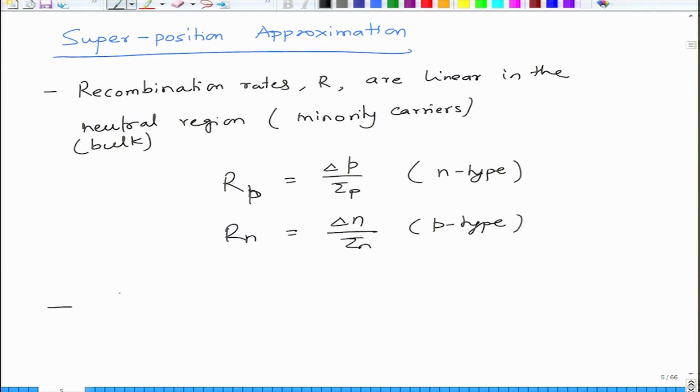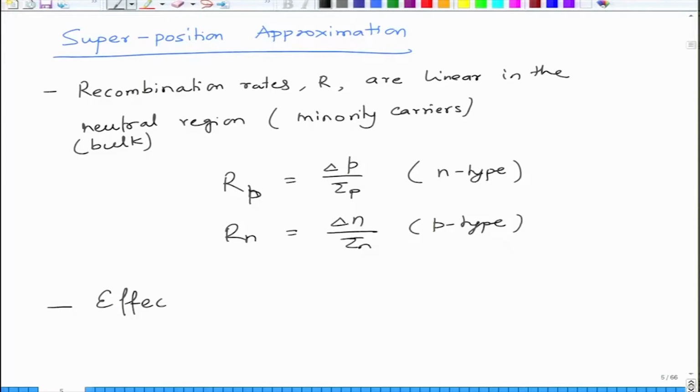If you have light present, and you have bias present, so you might have some light and you might have an applied potential, the effects produced by these two are decoupled.